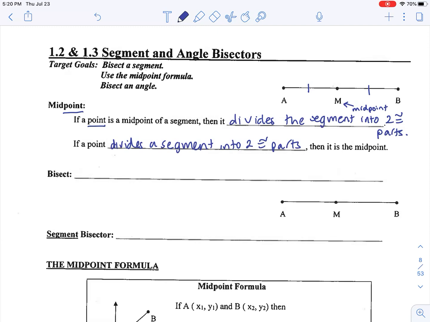The word bisect means to cut. So sect is cut, to cut into two equal parts.